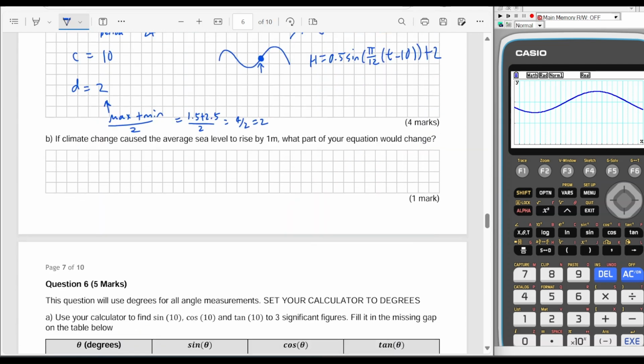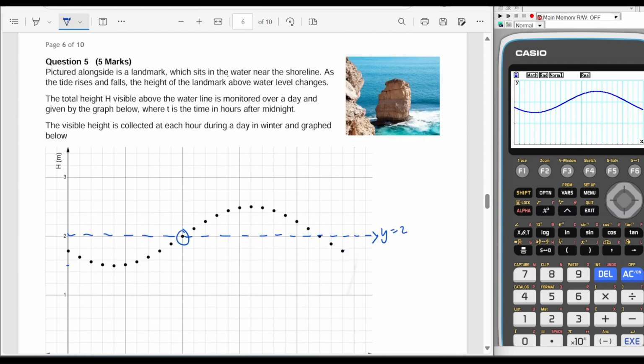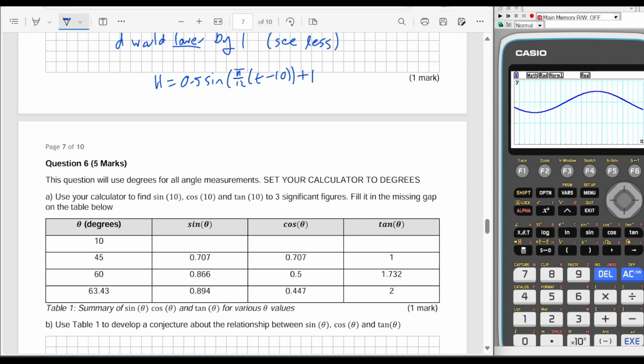So D would lower by 1 because we can see less of it. So the new equation would be H equals 0.5 sine pi over 12 t take 10 plus 1 instead, because you would see 1 meter less of this structure.